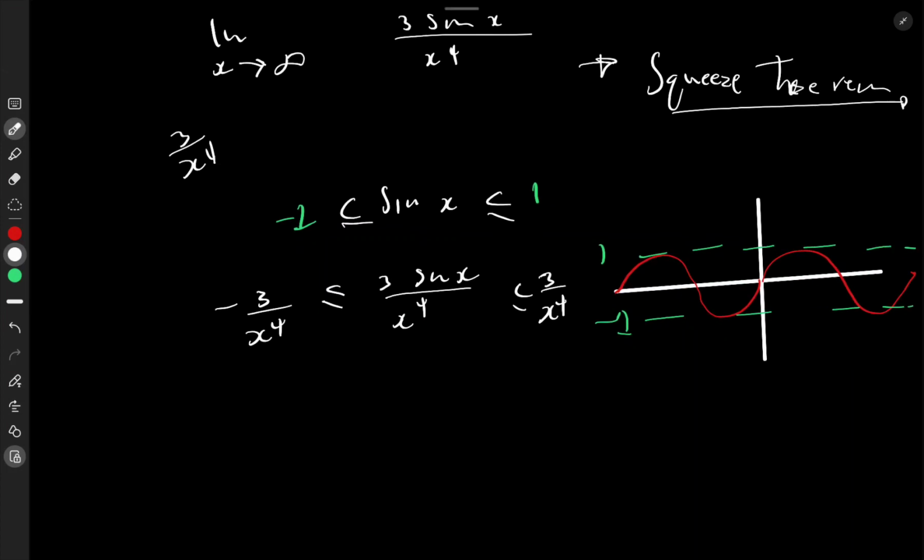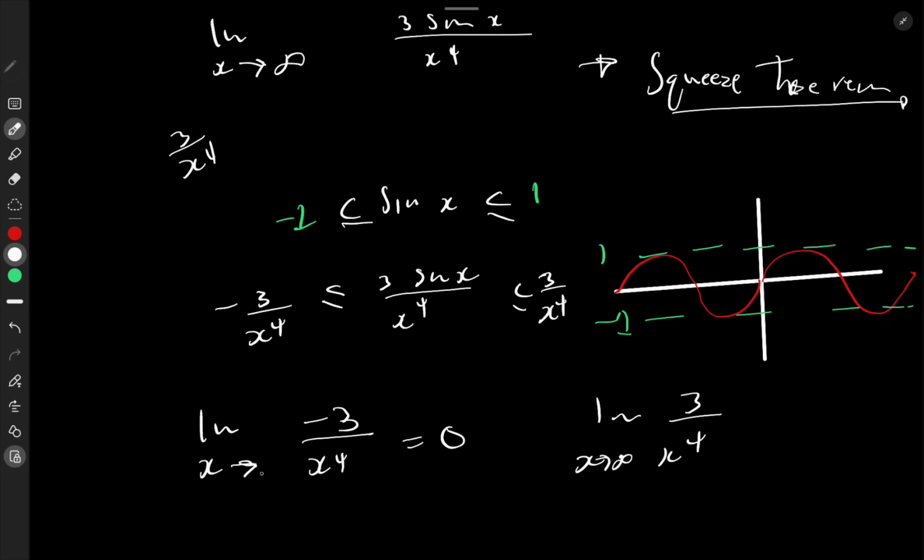So I'm just going to say the limit as x approaches infinity of this function, -3 over x to the power 4, is 0, because as the denominator gets bigger, this number gets close to 0. You know that. And let's find the limit of 3 over x to the power 4 as x gets close to infinity.